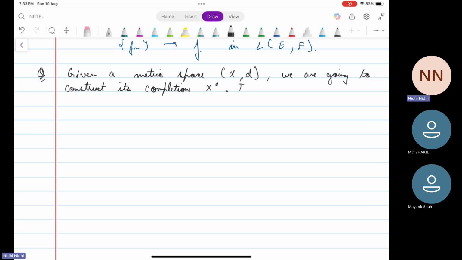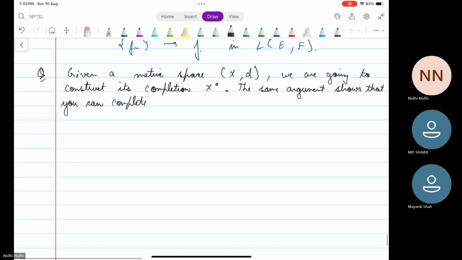The same argument shows that you can complete a normed vector space. We'll see how.